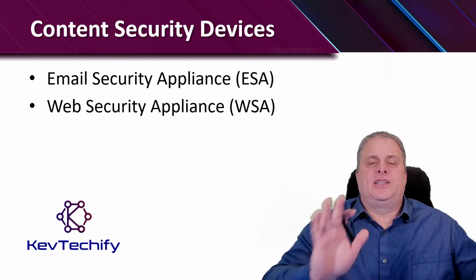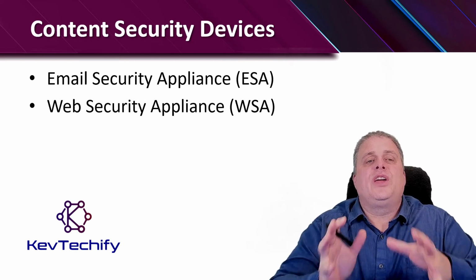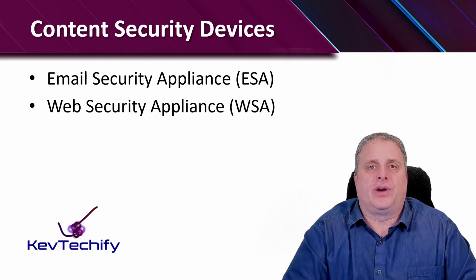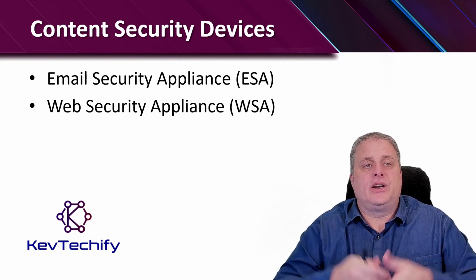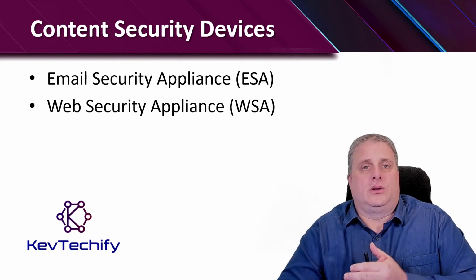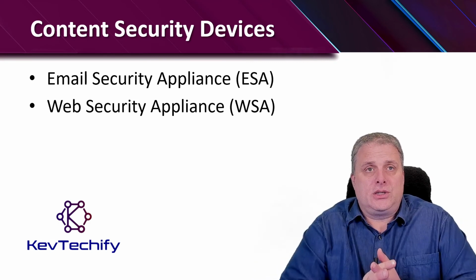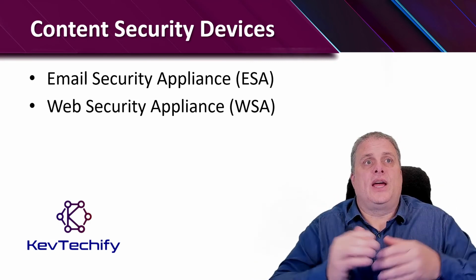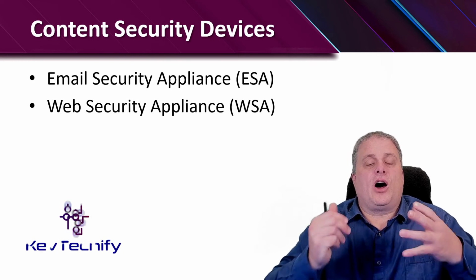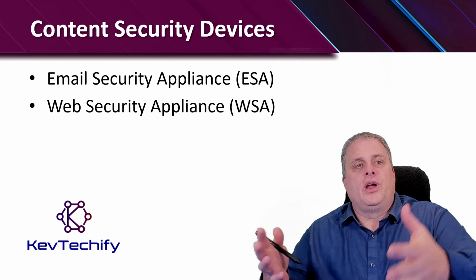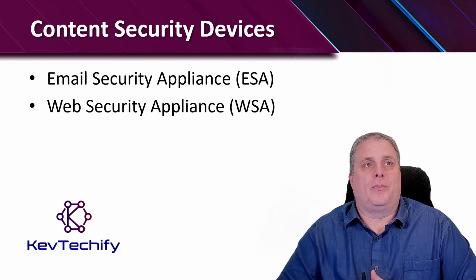We also have content security devices where we look at the content of the information we're delivering. Two of these systems are email and web. Some manufacturers, like Cisco with their Talos system, update almost in real time on the different threats that are available, whether it's email or web.